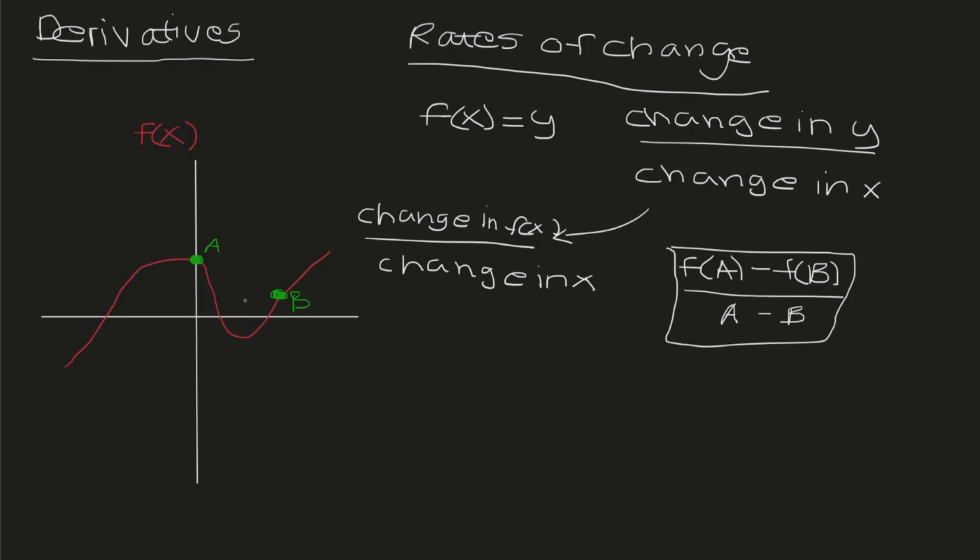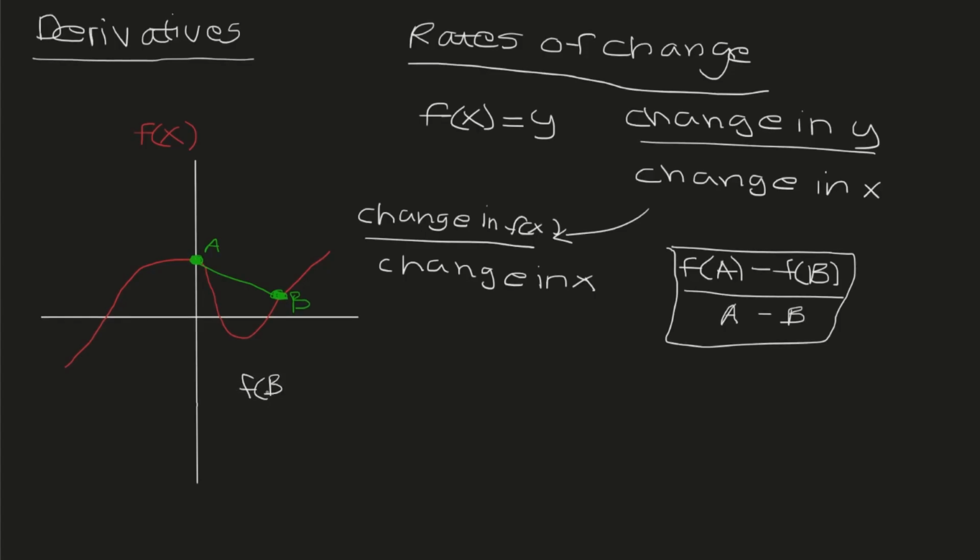Perfect. So to find the average rate of change between those 2 points, you can think of it as drawing a line between those 2 points and finding the slope of that line. So again, let's use our formula that we have here. In this case, let's make point B our first point.